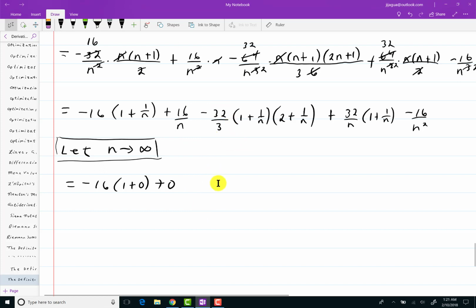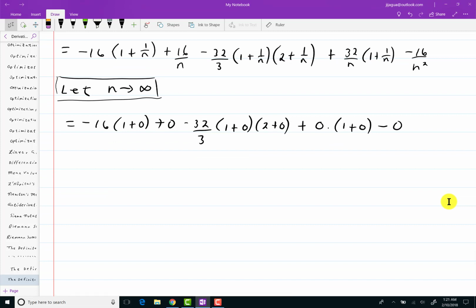This piece will be negative 32 over 3 times 1 plus 0 times 2 plus 0. Plus, now here, this is interesting. While this will go to 1 plus 0, this part will go to 0. The 32 over n will become 0 times 1 plus 0. And then this will become 0, minus 0.